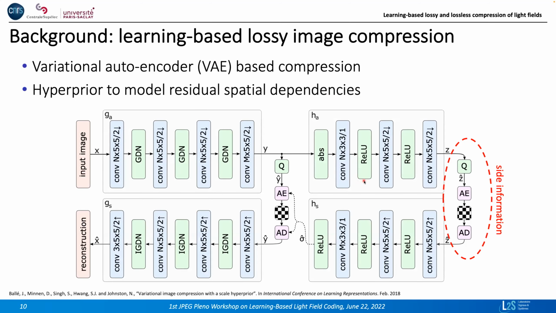The work on which this is based is a popular work for learning-based image compression, the work by Ballé and others, which is based on a variational autoencoder to code the images. The variational autoencoder is what, in signal processing, we would call transform coding.